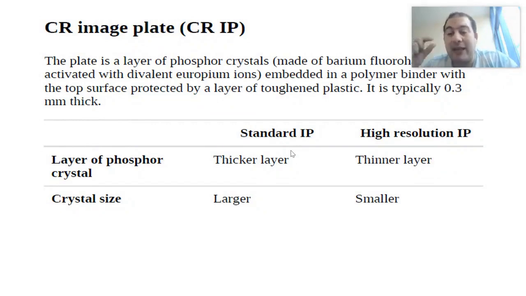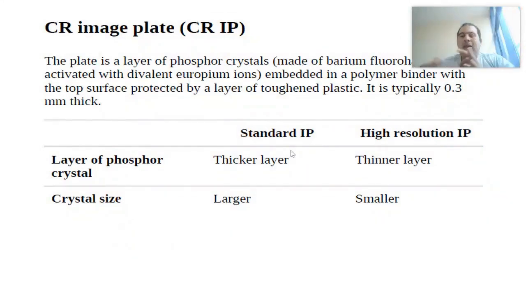In contrast, the high-resolution imaging plate has a thinner layer and a smaller crystal size, which reduces the exposed area, improving the resolution. In summary, unlike when you are detecting a wide area, where you cannot determine exactly where your signal or radiation is coming from, here you become more accurate.